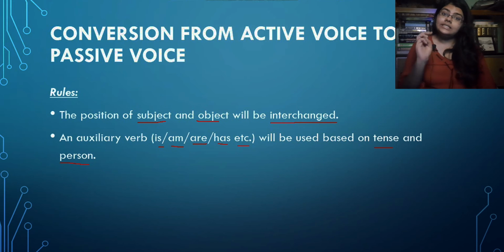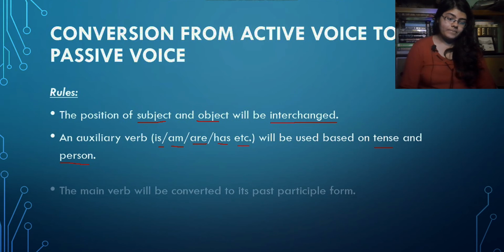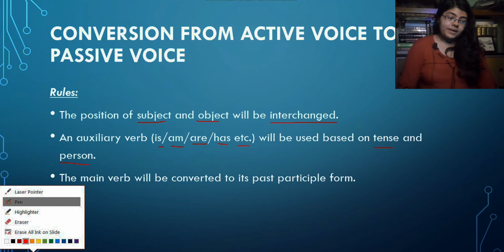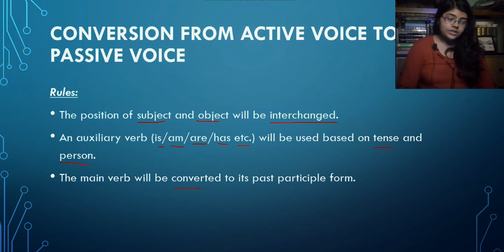Now we will see the third rule. The main verb will be converted to its past participle form. This is something that we already know as well. We already saw that in the sentence structure of passive voice that we always use the third form or the past participle form of main verb after we use the auxiliary verb. Understand?